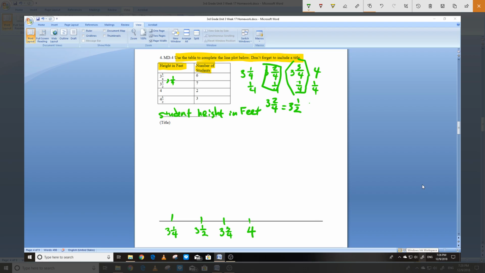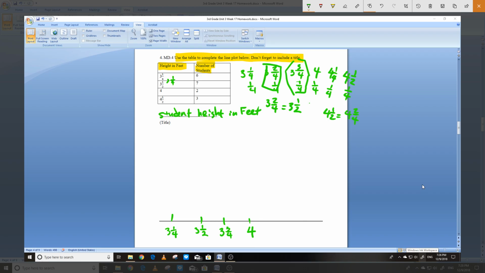Okay? And then we need to be very careful because after 4, we have 4 and 1/4 because the rate of change is the same. And then we have 4 and 1/2. Why? Because we just added another fourth. That is so because 4 and 1/2 is the same as 4 and 2/4.